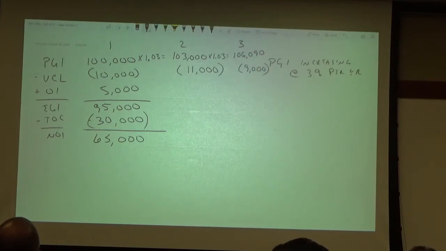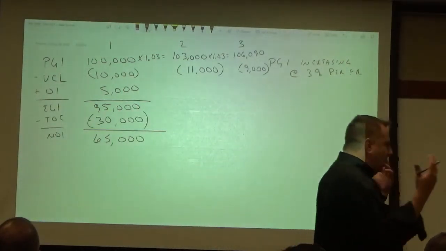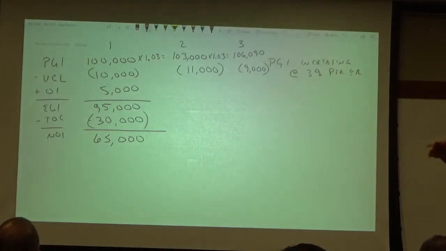For that one, we can apply a growth rate if we chose to, but we could also simply forecast it to be X, Y, or Z based on changes in market conditions. Maybe next year we still have a limited supply of product, but after that, based upon building permits out there, we see a lot of new product coming online after the end of the second year, so our third year is going to have lower vacancies, something like that.